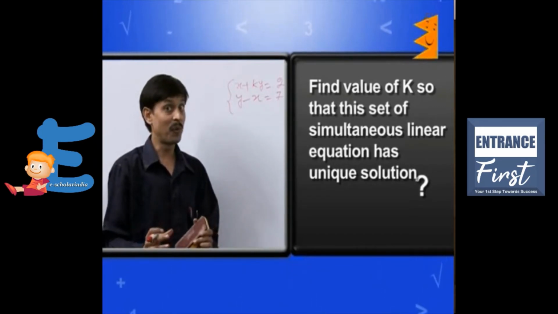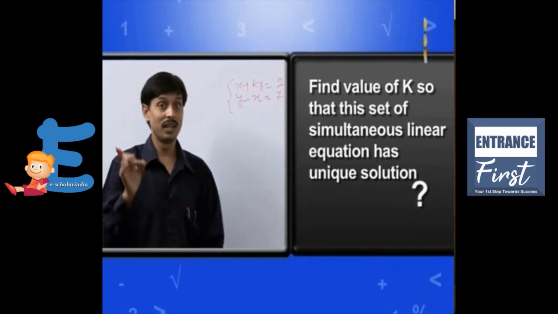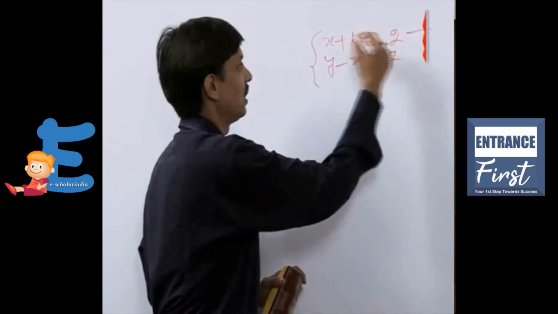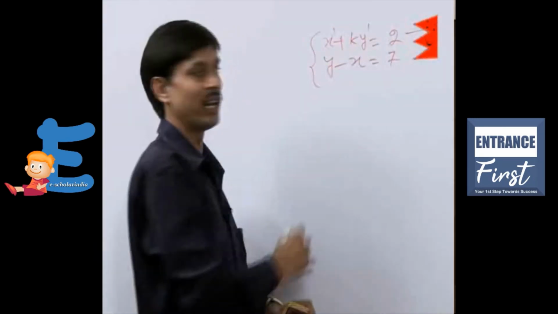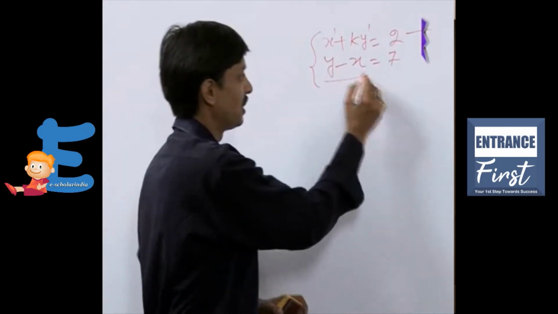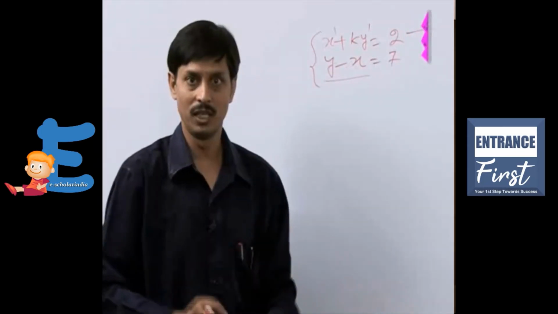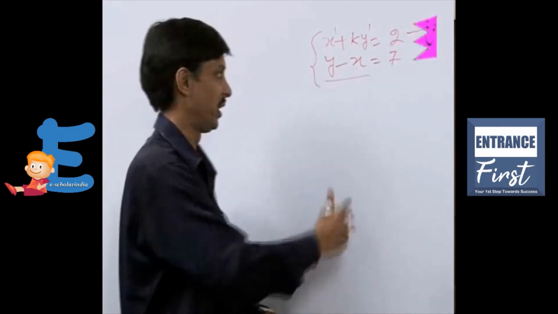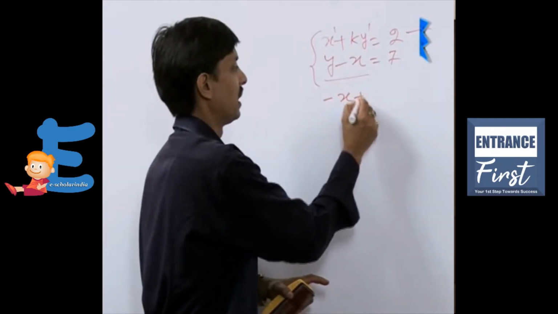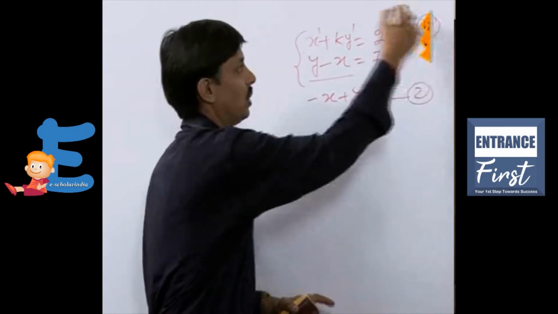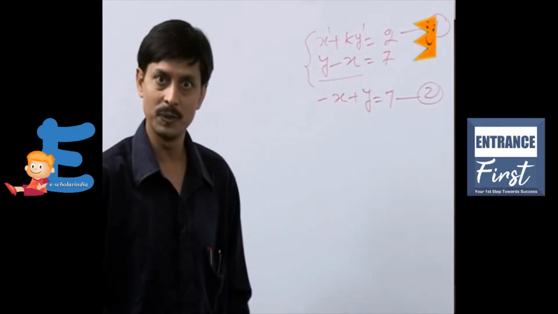So first of all, it is mandatory that the equations are in the proper form. In the first equation the first variable is x, the second variable is y, but in the second equation I have willingly swapped the variables. So first of all, convert it to the proper form. Minus x plus y is equal to 7 will be known as equation 2, and the first equation has no change.